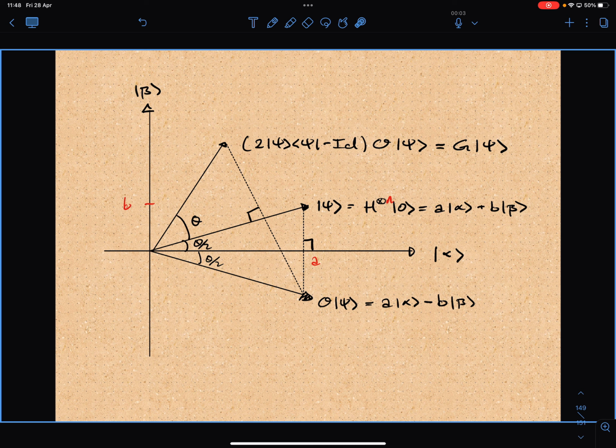And in here, you should note that what's happening to the psi vector is that it's getting rotated towards the set of solutions. And this is why if we apply G enough times, we're going to get a linear combination of the solutions.